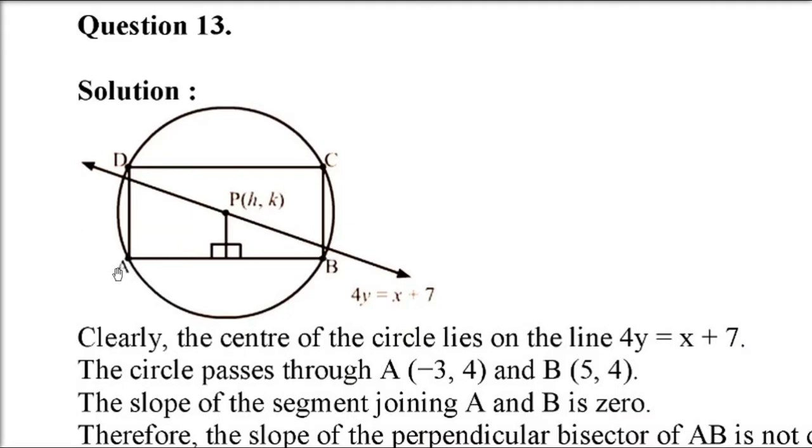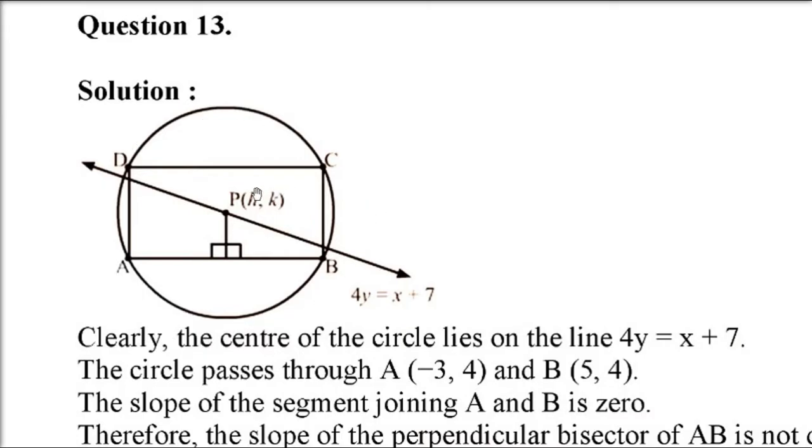A and B coordinates are given. This circle is circumscribing, that is, this circle is passing through A, B, C, D, all of these points. And DB is the diameter, you see. DB is the diameter, and the line of the diameter is 4y equals x plus 7.